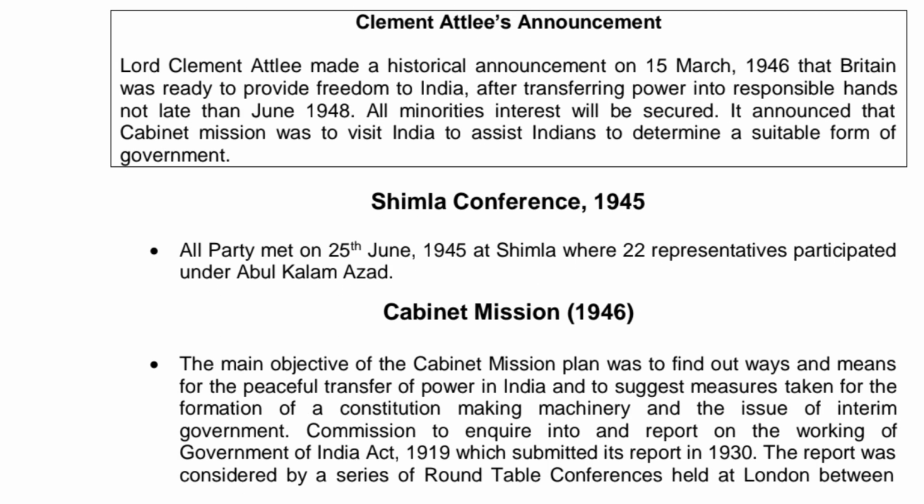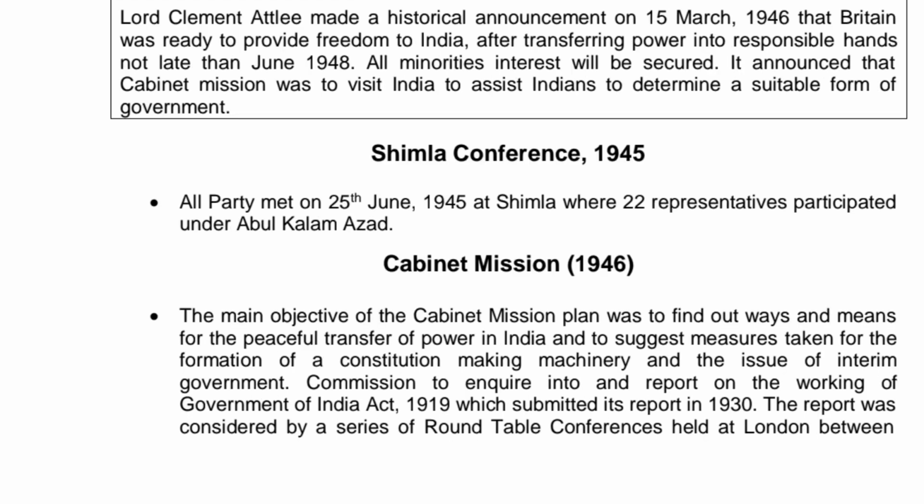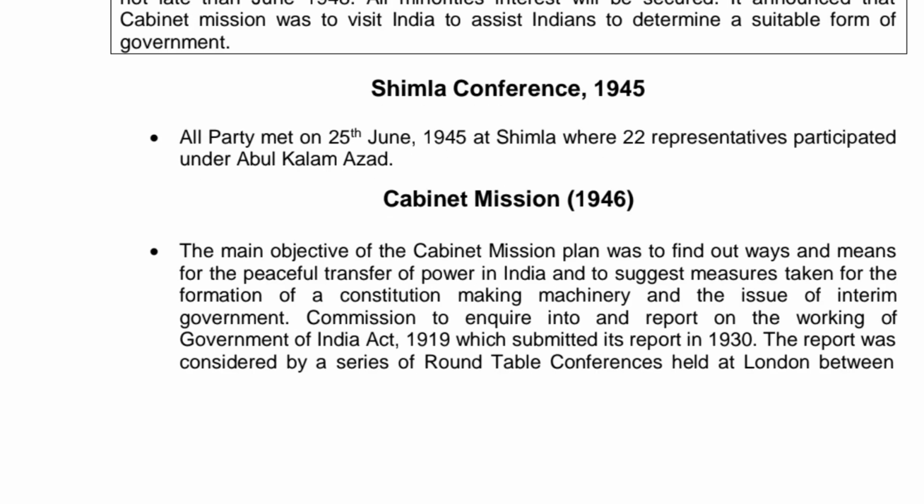Next is the Simla Conference 1945. All parties met on 25th June 1945 at Shimla, where 22 representative participants attended under Abul Kalam Azad. Here, Cabinet Mission 1946.